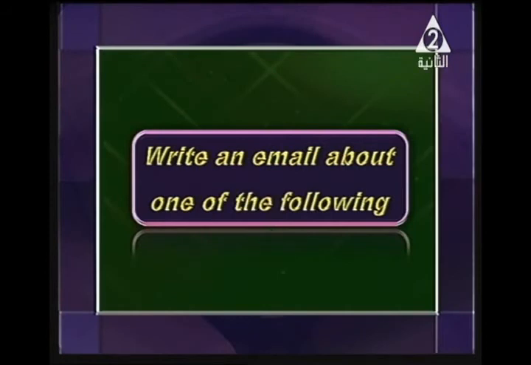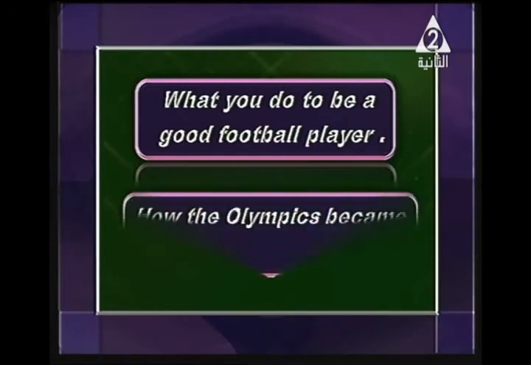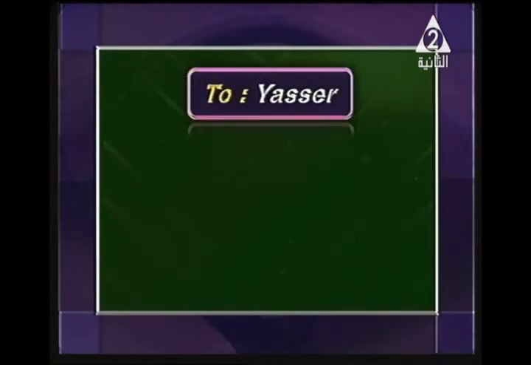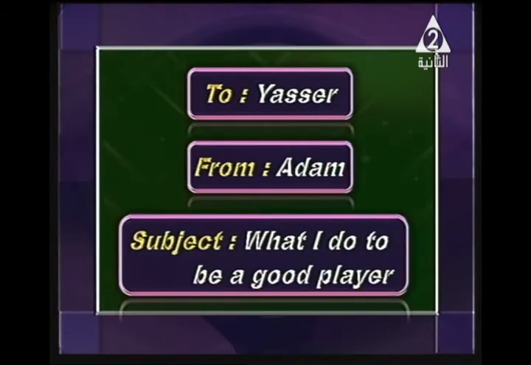Another kind of questions. Write an email about one of the following: what you do to be a good football player, or how the Olympics became different from the past. We will choose one of them. Let's see what we chose. We start the email with To Yasser, from Adam. Subject: what I do to be a good player.